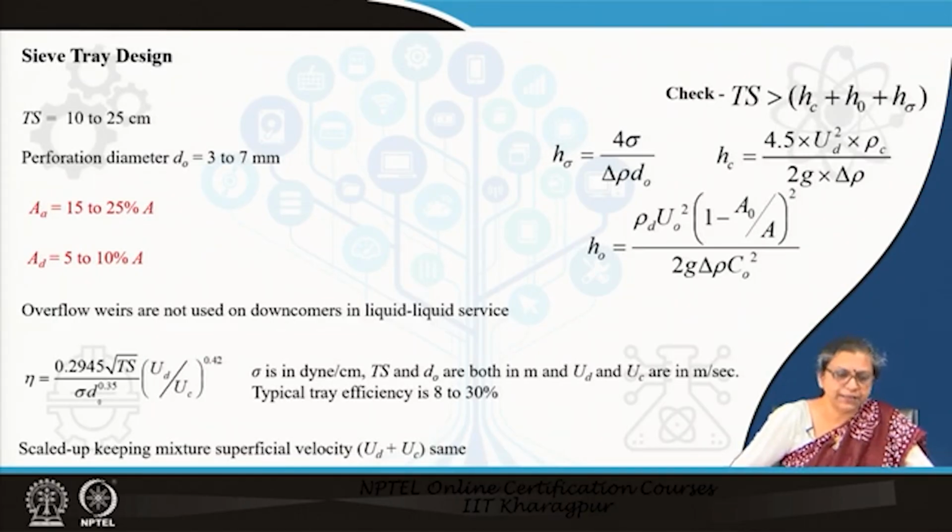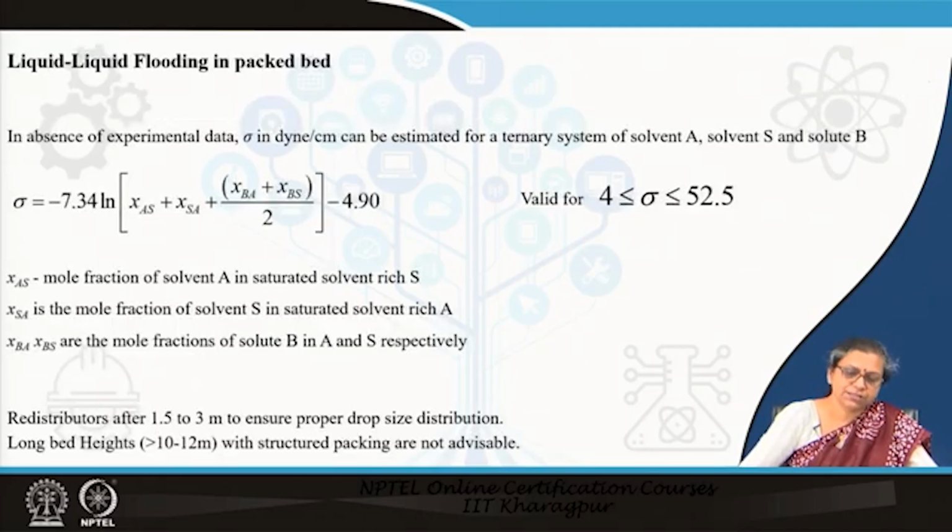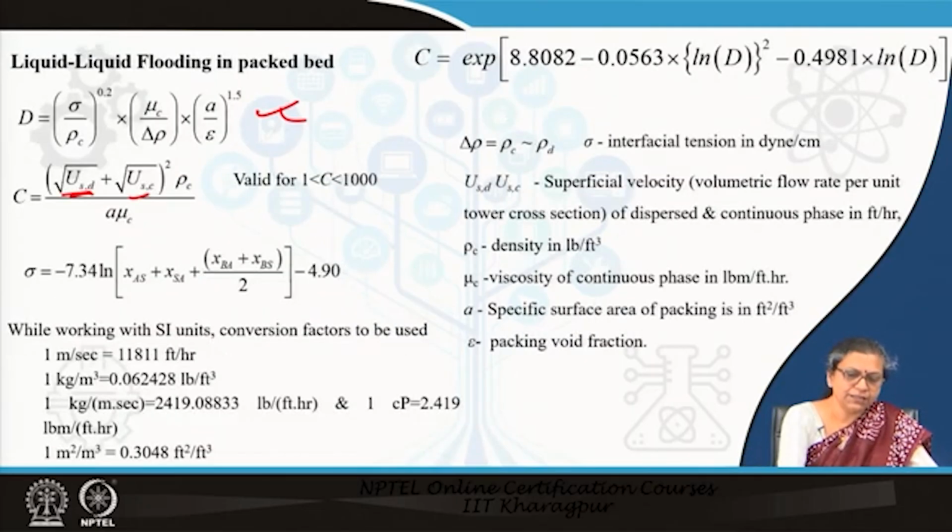One thing I was thinking: for the initial problem that was given, if you are at all interested, after you have found the number of theoretical stages and optimized everything, you can try it out considering a packed bed and using these particular equations, and see what you get for yourself.